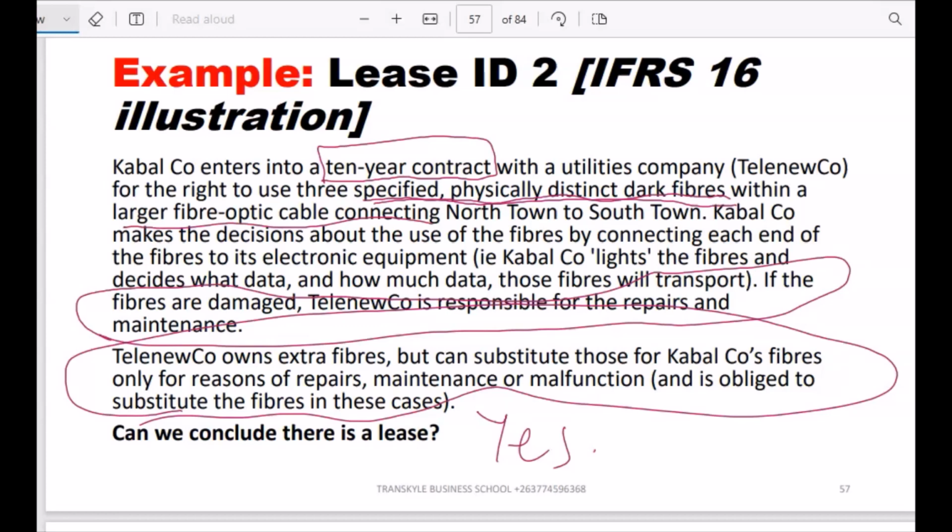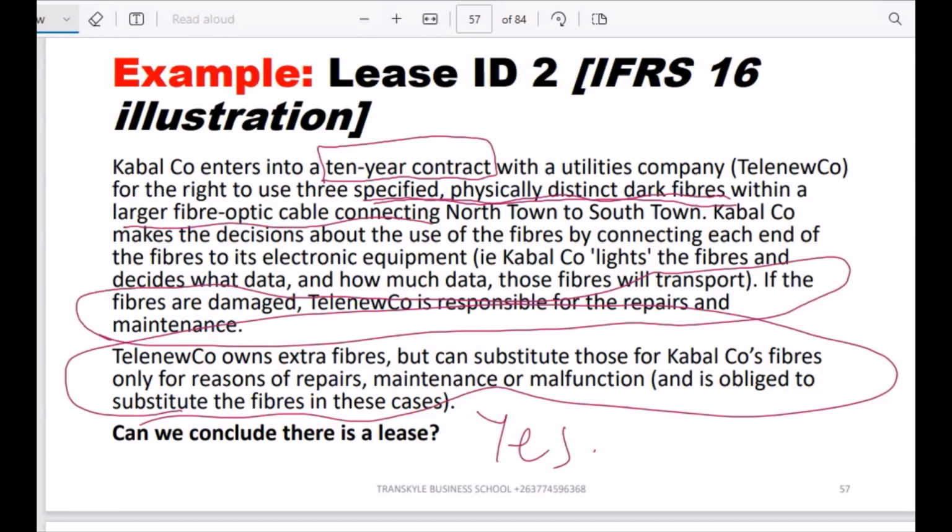That is an arrangement which is necessary, but is not going to distort the use of the property by the lessee. So the lessee has the outright ability to command the use of the leased property, which are the three distinct dark fibers. So in this case, we can see that the lease is at play.